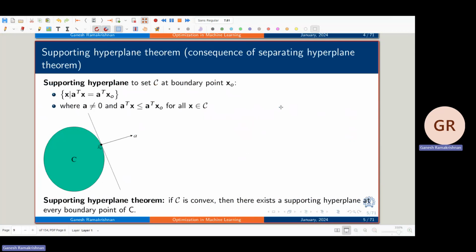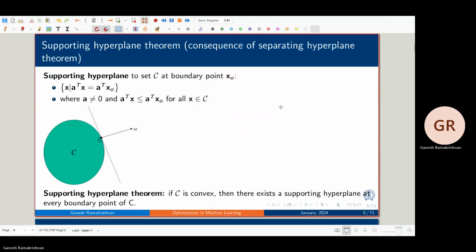But let's understand how the supporting hyperplane theorem is basically a consequence of the separating hyperplane theorem. A supporting hyperplane to set C at boundary point x naught is basically separating the set C from what?